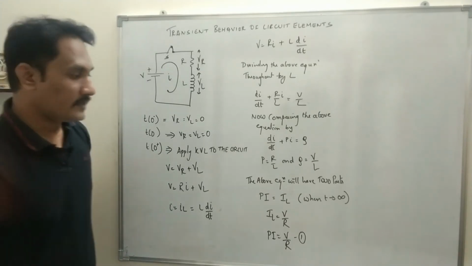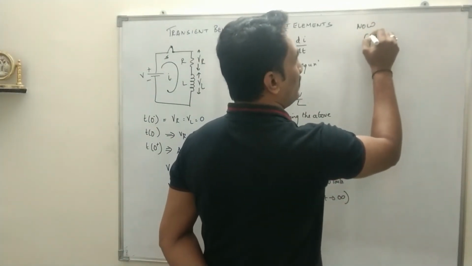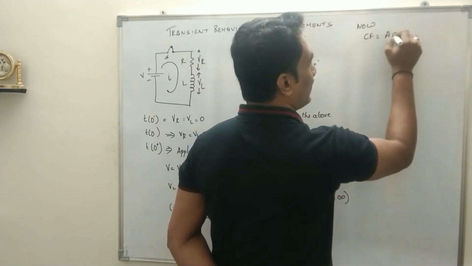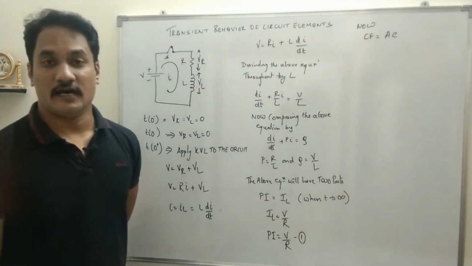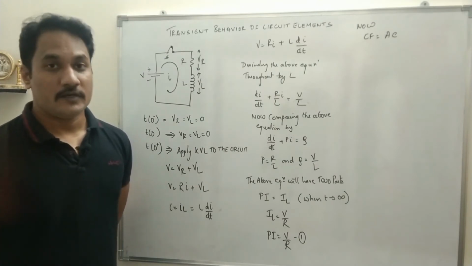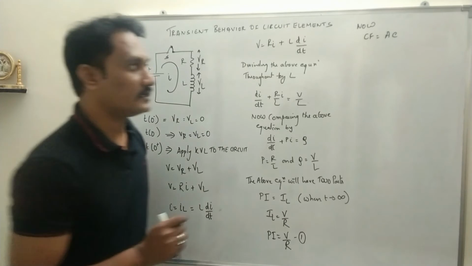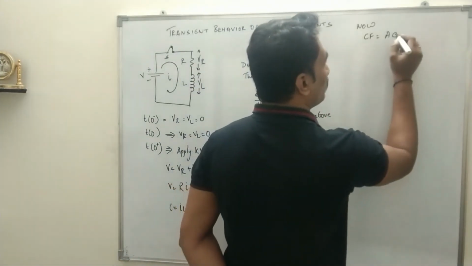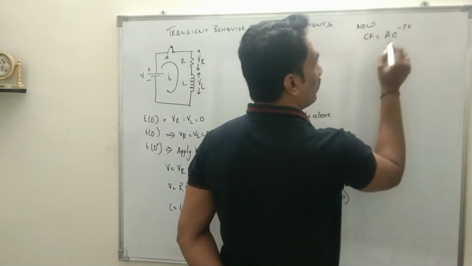Okay, next, now the complementary function is given by A. We have already studied this in the RC circuit, that the complementary function for a first degree differential equation is given by CF is equal to A e raised to power minus Pt. What is P here?